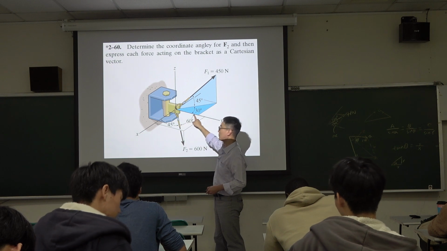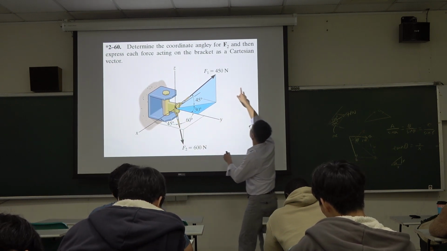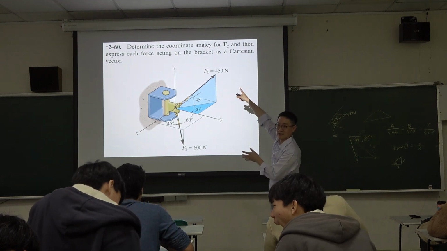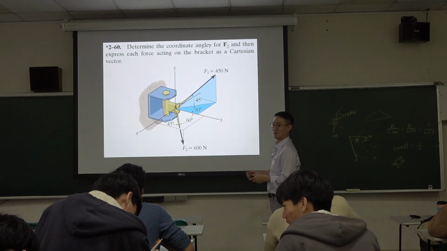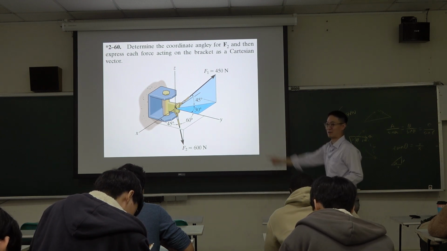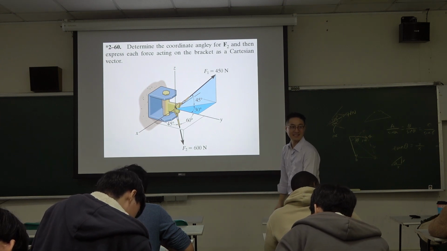We know the angle with the y-axis, but we don't know the angle with the z-axis. So that's gamma. But they should be equal to 1. So based on this last equation, we can work out gamma. Clear?